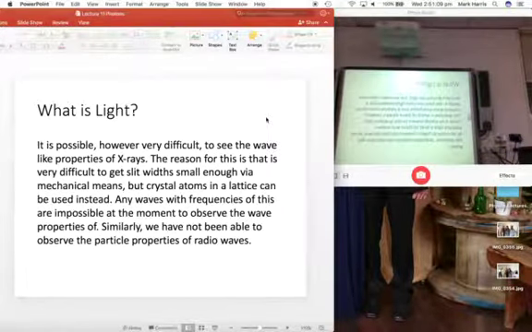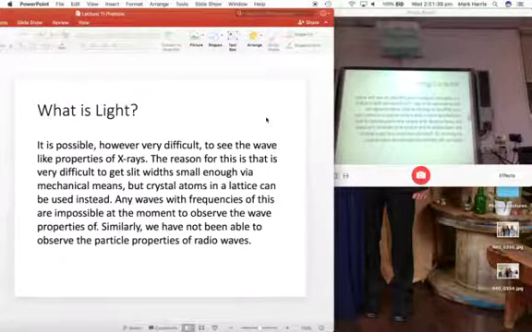It's possible, however, very difficult to see the wave properties of X-rays. It's mainly because it's very difficult to get the slit small enough in order to get it to diffract. We use crystal atoms in a lattice because they're very, very close together, and we'll get X-rays diffracting.